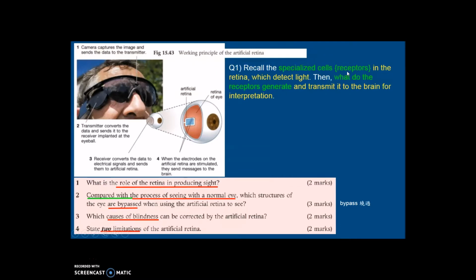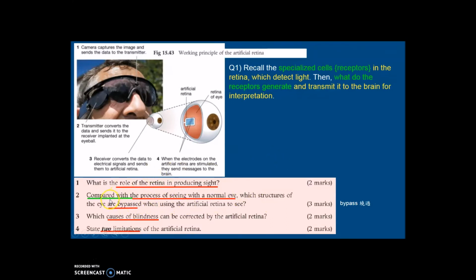What are they stimulated by? And then what do they do to generate something? What do they generate, and then transmit this something to the brain for interpretation. So at least, according to this word, messages. So what is the message produced by the retina in our human body?